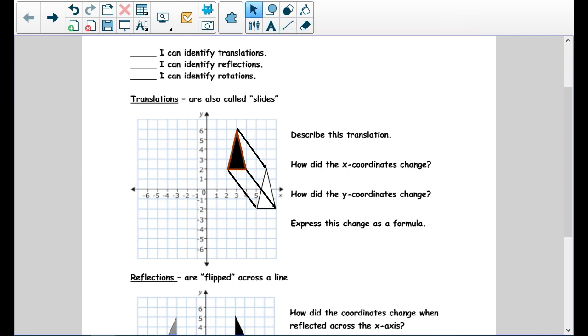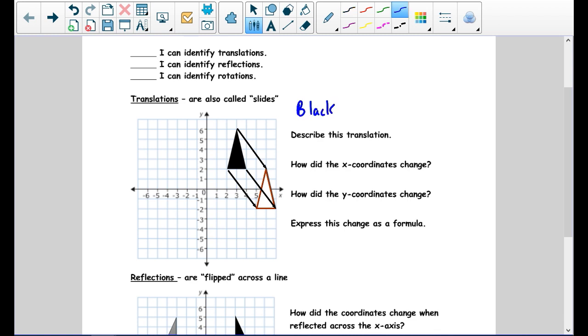And then basically what happens is it's like this shape just glides down those vectors to our new shape. So in this case we're taking a look at our original shape is going to be the black shape, and we're going to move to the white shape.